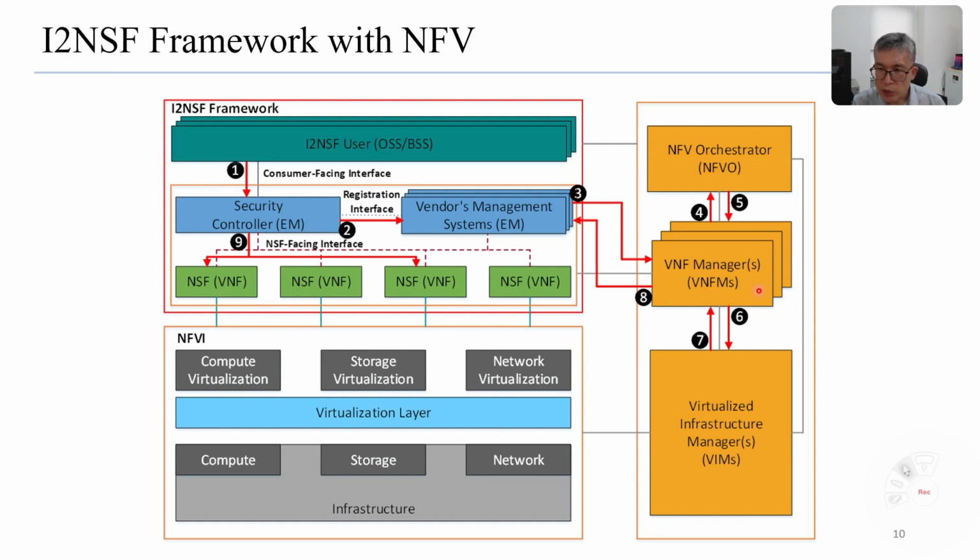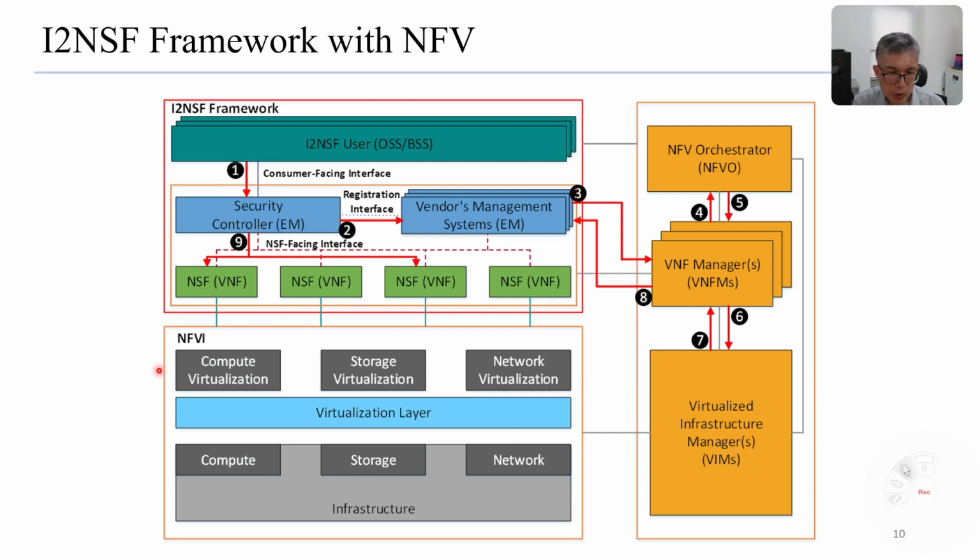The VNFs are managed by VNF managers, and the NFV orchestrator manages network services, having a chain of network security functions, and also governs the VNF manager and the virtualized infrastructure manager, VIM.